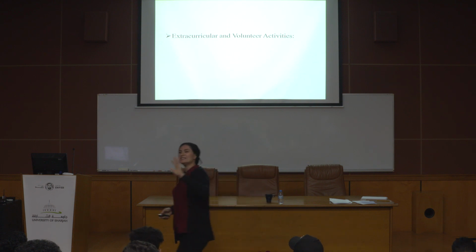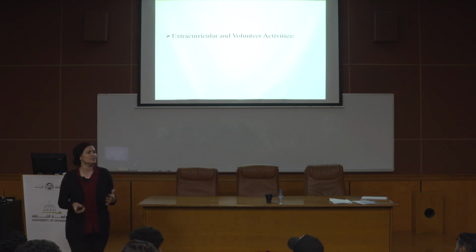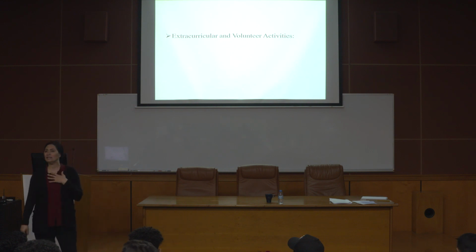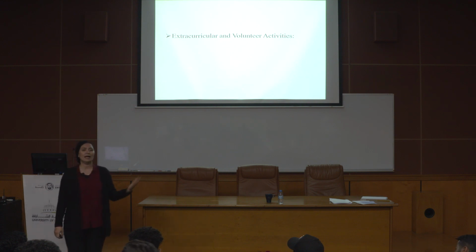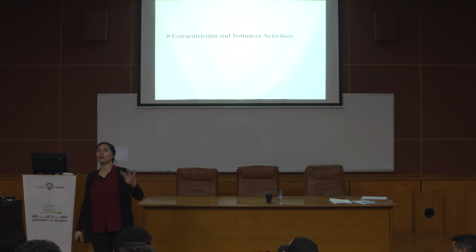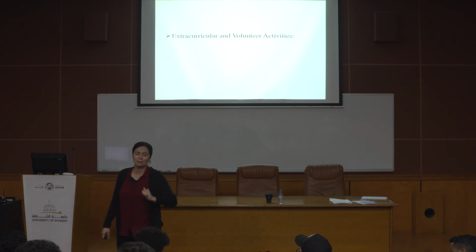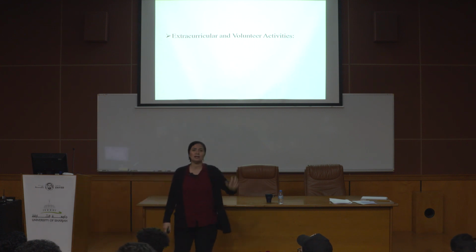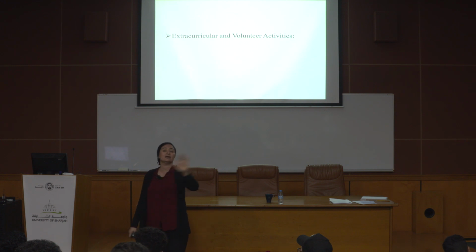For example, instead of saying in your resume, as I always see, "I am an easygoing person, I am sociable, I like teamwork," there is no need to write that. But what you can do is give me proof. For example, I am a scout in the university.